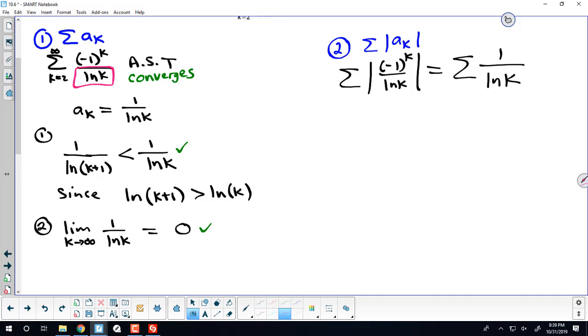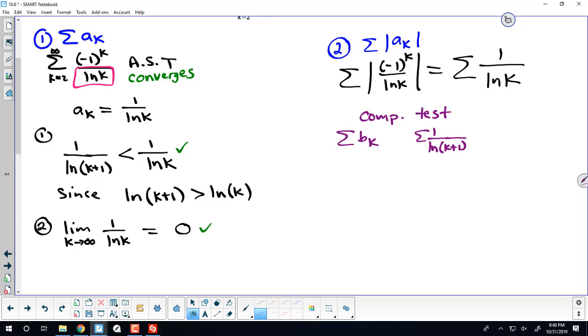So then after we've exhausted those options, the next test we ran into were the comparison tests. So if we say, all right, well, I'm going to use a comparison test, and so some folks were choosing the B to be 1 over ln of k plus 1, which doesn't help, because if we know what 1 over ln of k plus 1 does, we know what 1 over ln of k does.